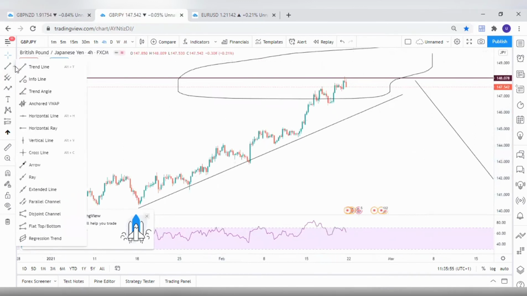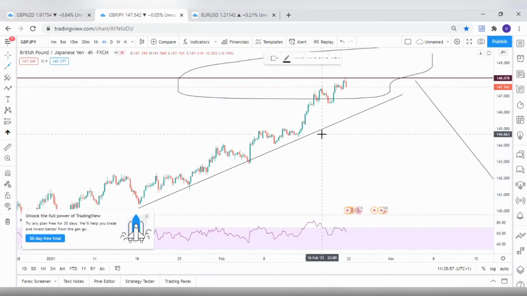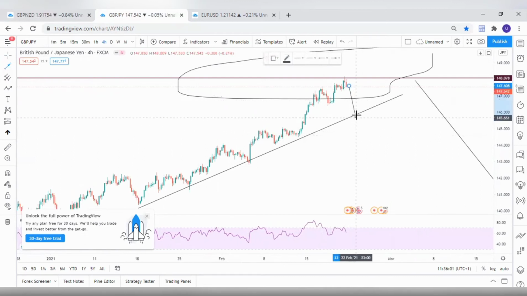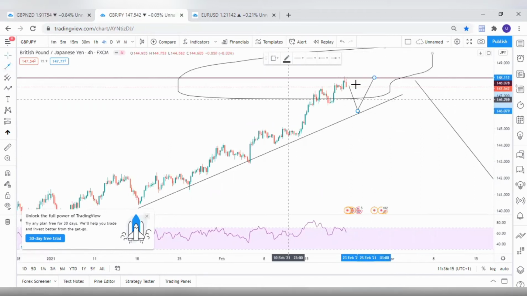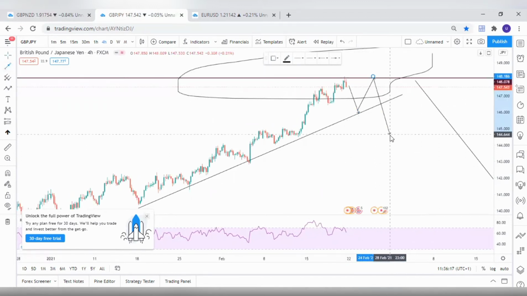We expect that the price of GBP/JPY comes down to touch this trend line, and it might possibly not break the trend line. It might continue here and form a double top formation and start to sell to the downside. All right, this is what we expect.